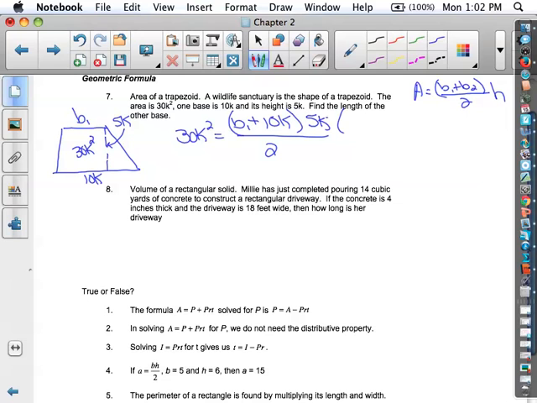So to solve this, I will multiply both sides by 2 and get 60K squared, and that's equal then to 5K B1, and I'm using the distributive property this time, plus 50K squared. So I can subtract the 50K squared.